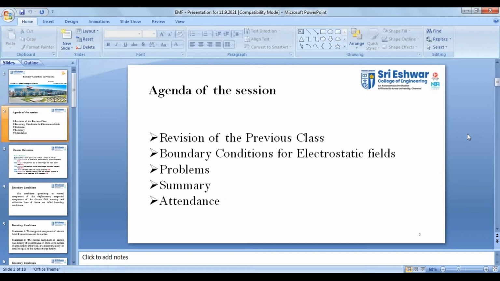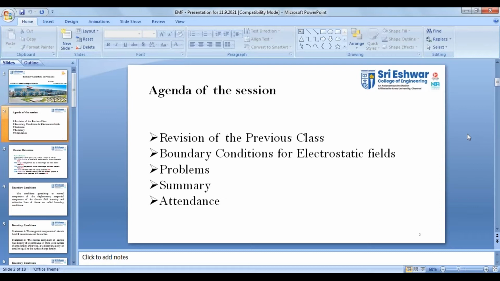As far as the revision of the previous class is concerned, I request any volunteer to tell what we have seen in the last class. Can anyone revise it? Our last class was on Wednesday, 8th of September.